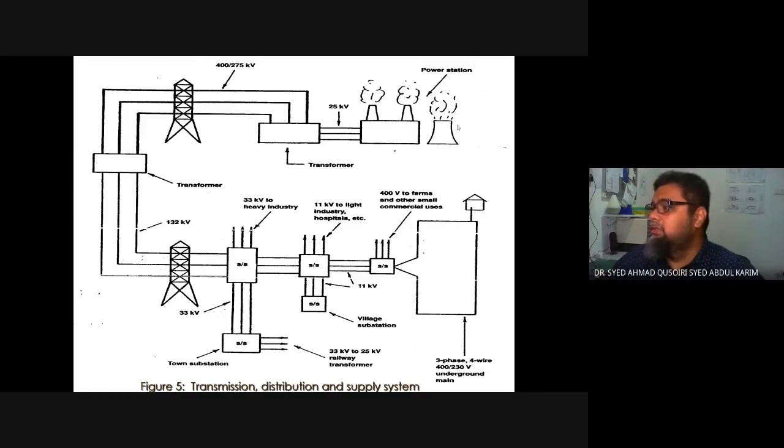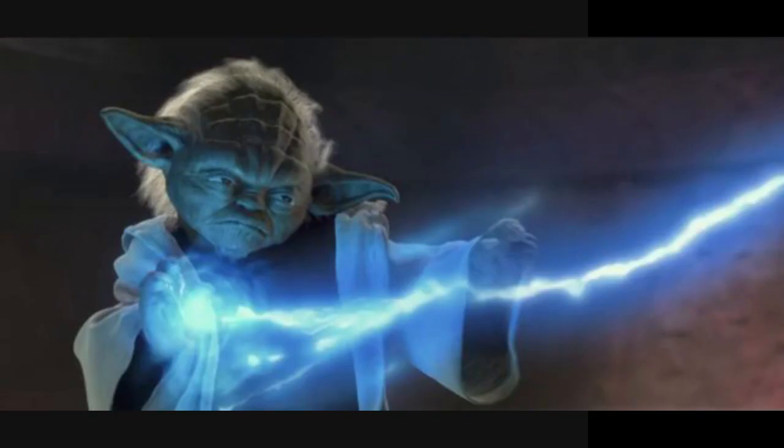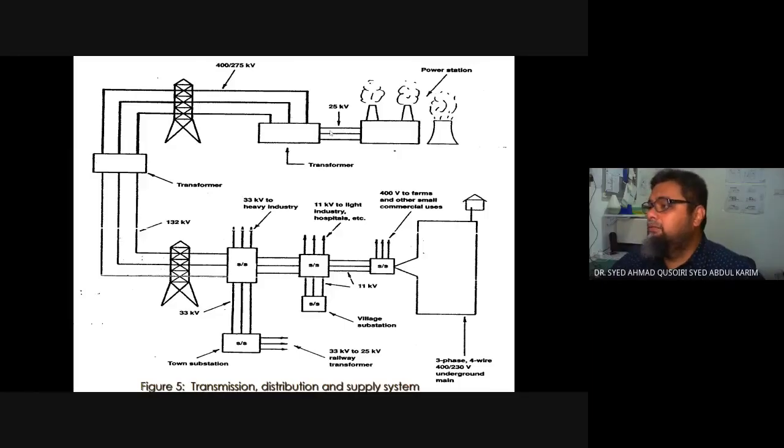Normally this power station, it will provide a 25 kilovolt electricity, alternating current electricity, which is 25,000 volts. That's a lot of volts. After this cable of 25 kilovolts, the next phase is the transmission.